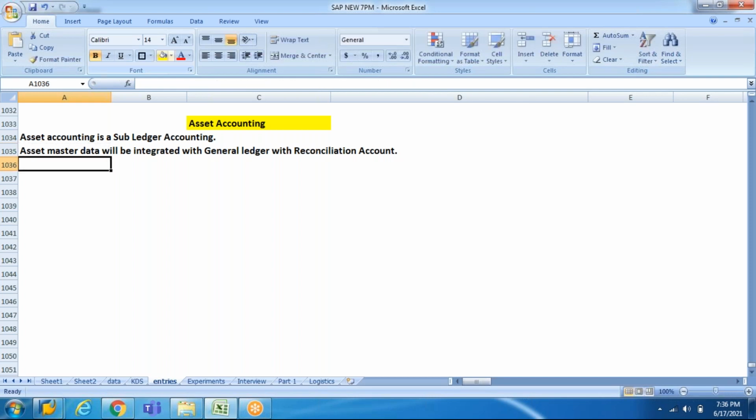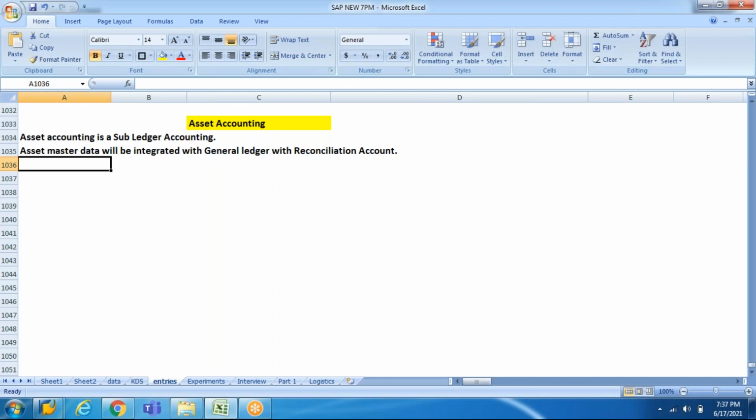Okay, with a reconciliation account, which means in the asset master data, there is a link which will connect to the reconciliation account. How this link will get established, we will see in the upcoming configuration. So there is a sequence based on which each asset record will get connected with a GL account, which is a reconciliation account. Okay.